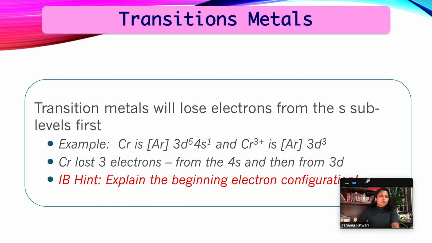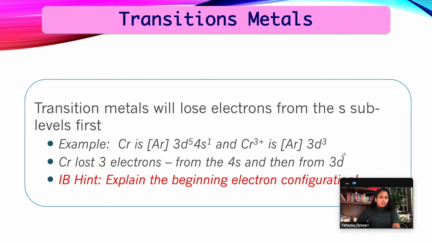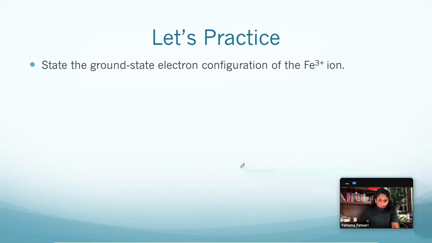And what I said earlier was that for cations, electrons are lost from the highest energy level, right? So if we look here, 4s is written before 3d, right? So you might think the electron from 3d is being taken away. However, 4 is a higher energy level, and it's actually taken away from 4s.